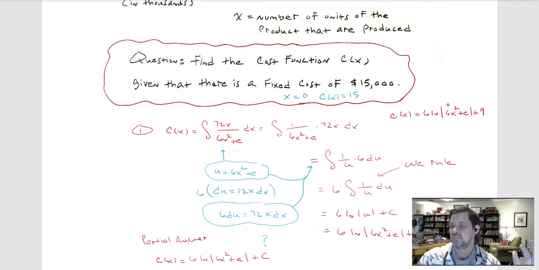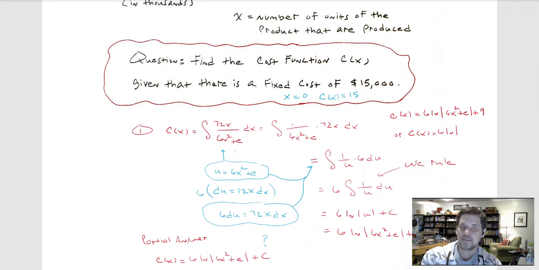The absolute value is included in the formula because that variable could be negative sometimes, but here x is the number of units you produce. That's positive. You square it, it's positive. You multiply times 6, it's all positive. So I'm going to put either one of these as acceptable, just in case.